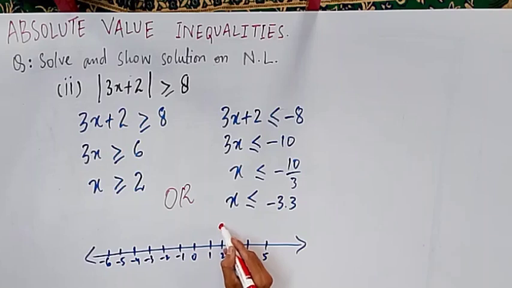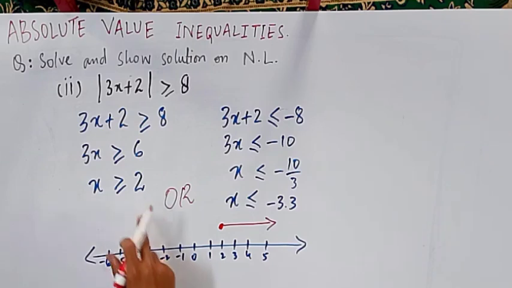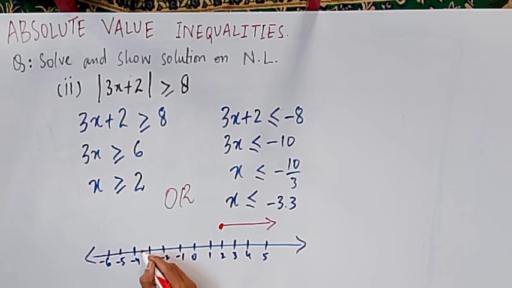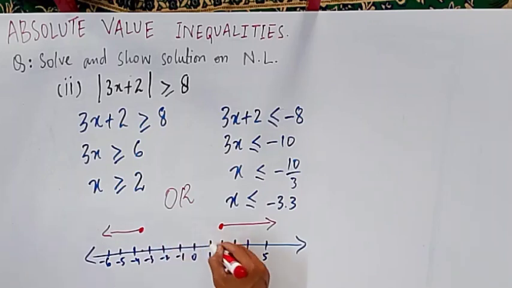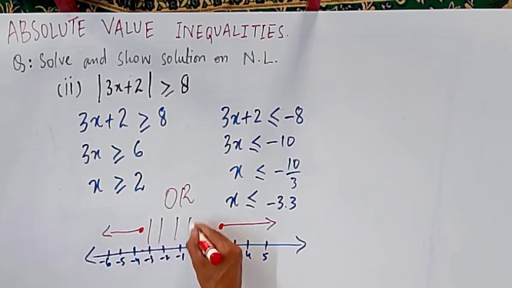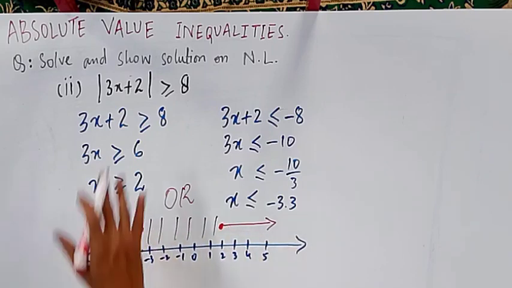So x greater than equals to 2 means that all the values which are greater than 2 will be counted in the solution, and all the values which will be less than minus 3.3, so where is less than minus 3, we will say this is minus 3.3, all the values which are less than it will go over there. So what will happen in the between area, it will not be counted in the solution. So other than this area, all the area will be counted in the solution.